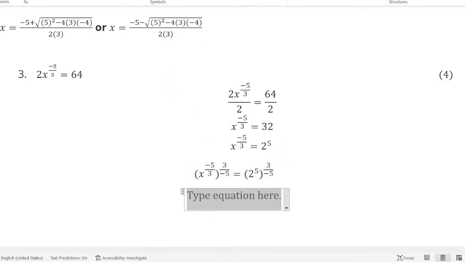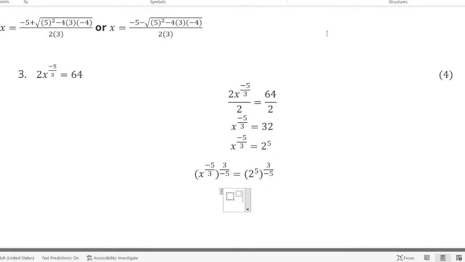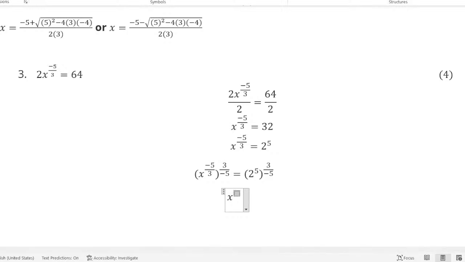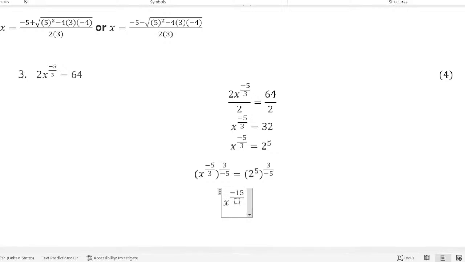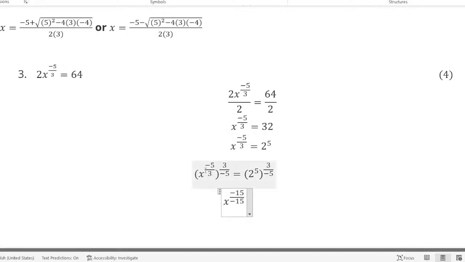So here we'll have x to the power, I want you to see this, x to the power negative 15 over negative 15, right? Remember we said negative 5 times positive 3 is negative 15. Then positive 3 multiplied by negative 5 is negative 15, right?